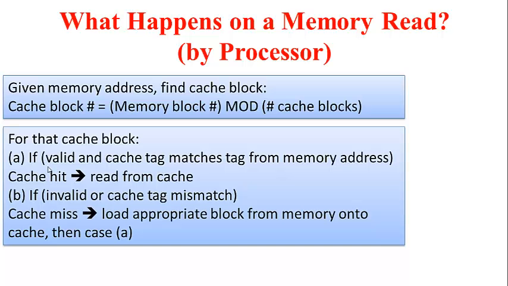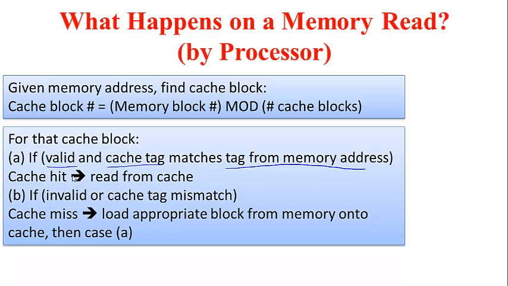the valid metadata bit is set. This will indicate that that particular cache block indeed has valid data. After having confirmed that it has valid data, we have to check whether the tag maintained as part of the metadata of the cache block matches the tag field of the memory address.